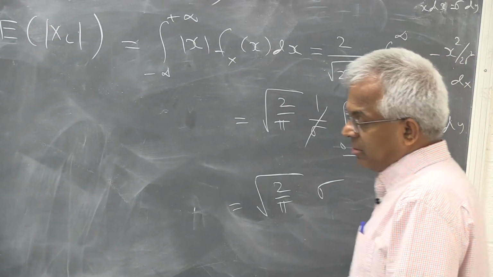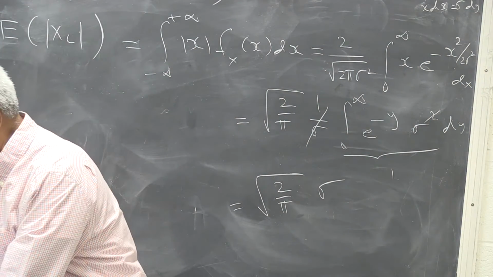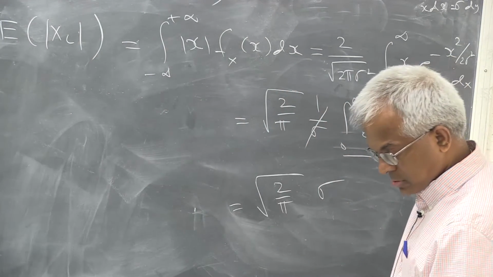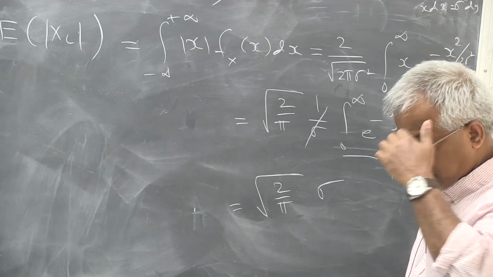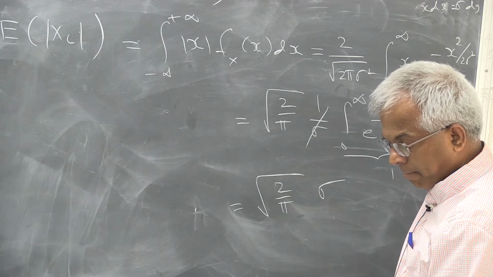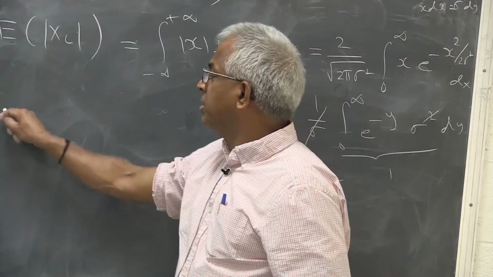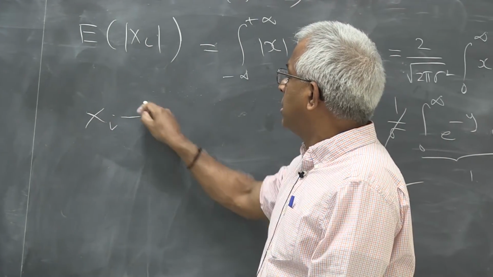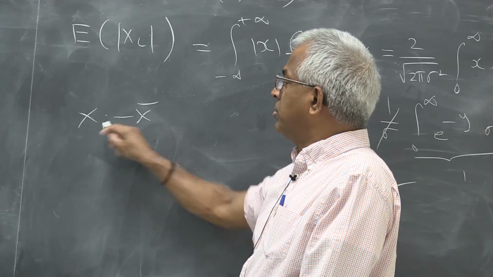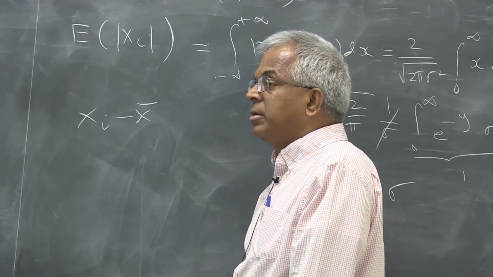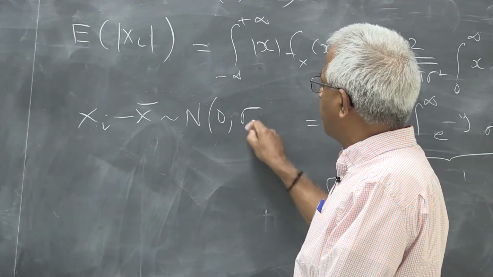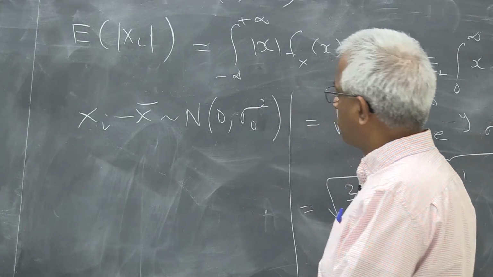So we can clearly get another idea for an unbiased estimator. If you consider xi minus x bar, remember xi has mean mu, x bar has mean mu, and so the difference is Gaussian with zero mean. So we definitely know that this is Gaussian with some variance sigma squared.